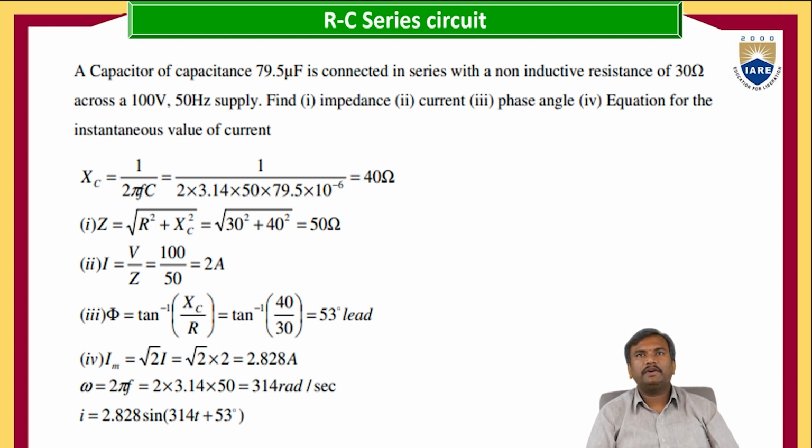Find impedance, current, phase angle and the equation for the instantaneous value of current. In this, the capacitance value, resistance value, voltage and frequency values are given. We need to calculate the impedance, current, phase angle and equation for the instantaneous values.